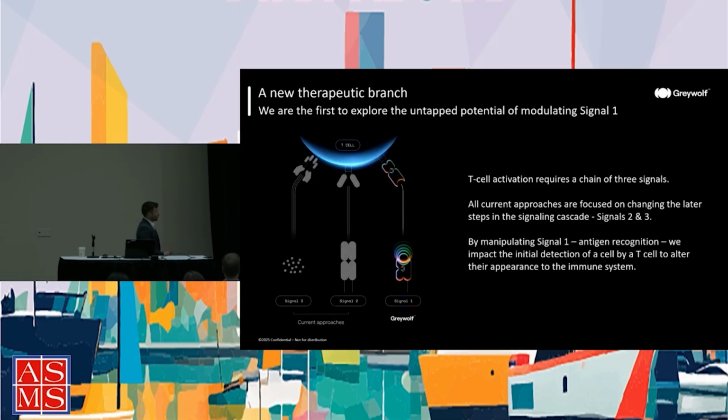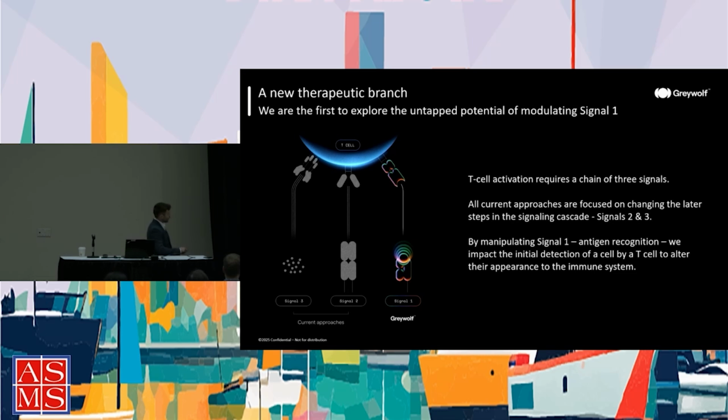So really just to kick off and to start with a bit of an introduction to Grey Wolf. So who are Grey Wolf? We're a clinical stage biotech, and our approach is really to target this signal 1 component of T-cell activation. So T-cell activation requires 3 signals. And most current approaches focus really on signal 2 and signal 3, so signal 2 being co-stimulation and signal 3 being cytokines.